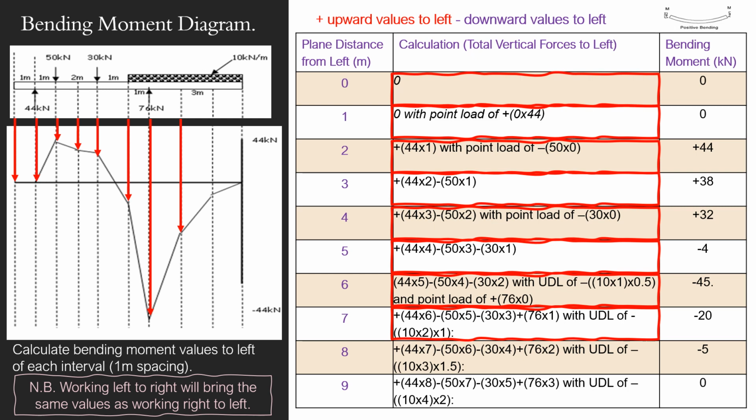I've done the distance, so it's 10 kilonewtons times how many metres you're into the UDL, but then you've got to times it by the distance from the point that you're calculating it, and that's half of the edge of the UDL. So half of 2 is 1, half of 1 is 0.5, half of 3 is 1.5, half of 4 is 2. So that's how I would write it so that you get it in your head correctly.